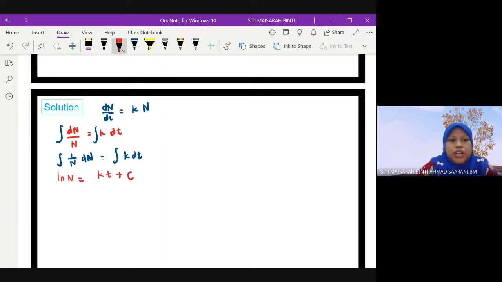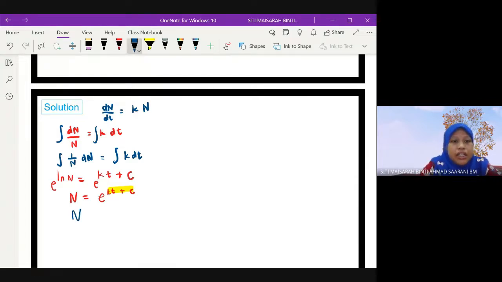Okay. Lepas tu kita nak N kan? Kita nak N. So N equals to, yang ni awak kena E both side. So jadi sini kena E, sini kena E. So then N equals to E power KT plus C. And then this is actually indices. So jadi kita boleh asingkan dia.